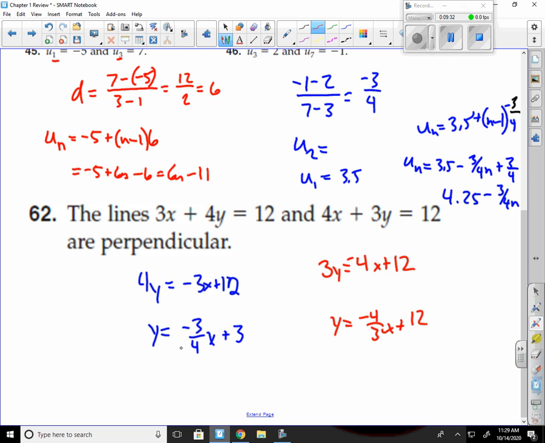These are not going to be perpendicular because they both have a negative. In order to be perpendicular, it's got to have the opposite reciprocal. This one just is the reciprocal, it's not opposite.